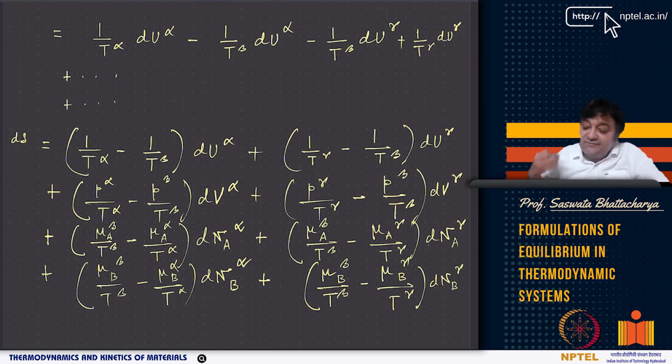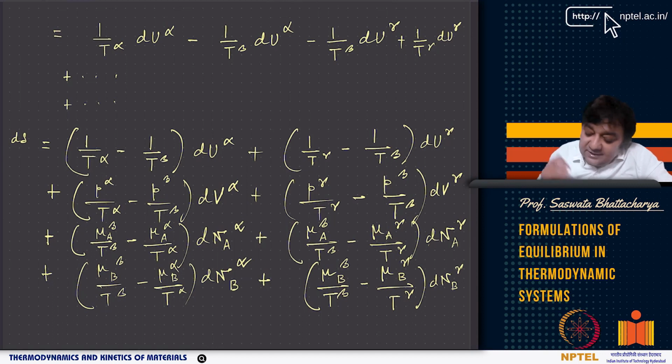Because U alpha, V alpha, or U gamma, V gamma are chosen as independent variables, the changes, the d's of these, are also going to be arbitrary.